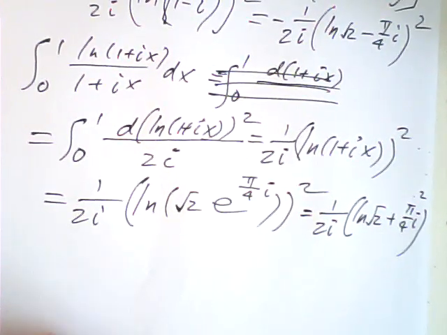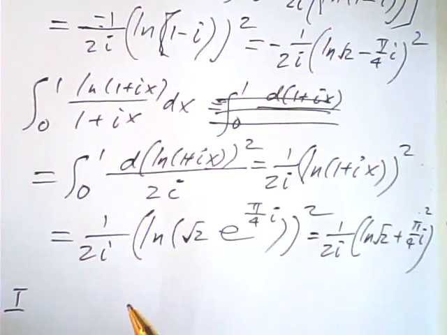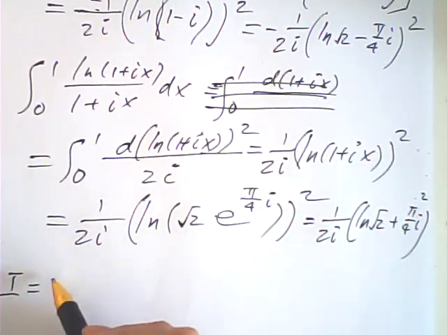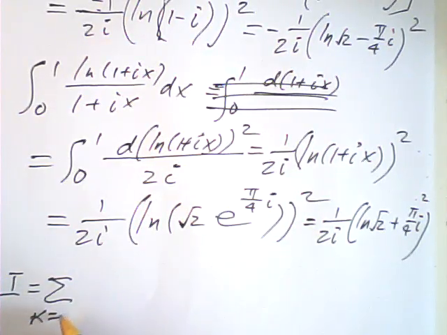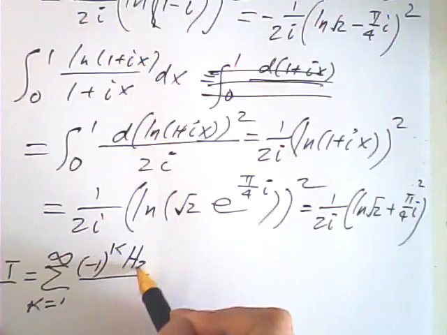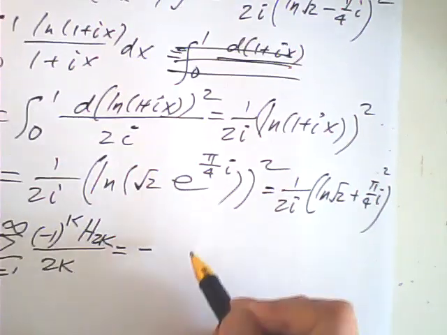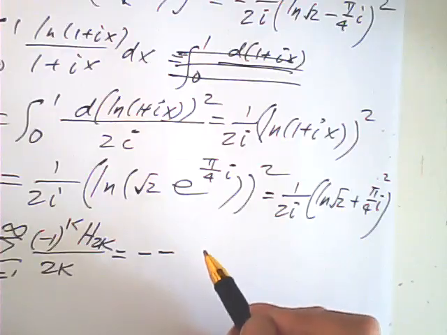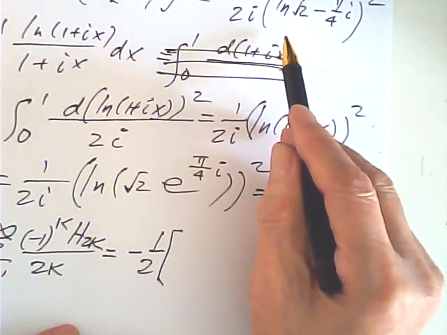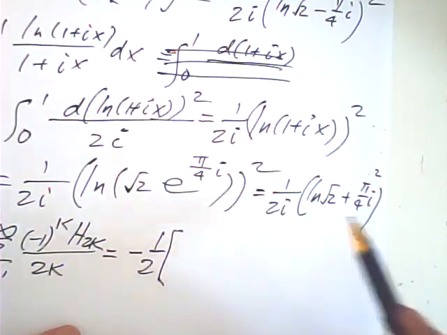Now then, my I is this. It's very complicated. The sum of (negative 1)^k H_2k over 2k plus 1 is equal to negative half, multiplied by this one, plus this one.